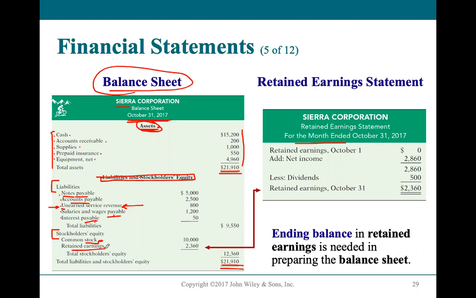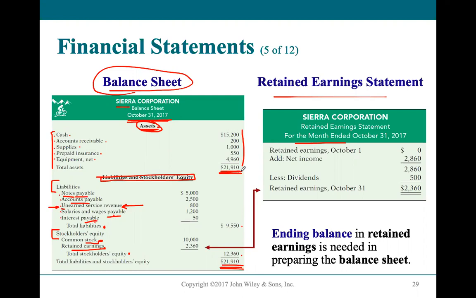And of course, retained earnings comes from our last statement that we looked at, the amount of profit that has been retained that belongs to the owners. So here you have total liabilities and total stockholders' equity listed. And as you see, these two total up to $21,910, just as the total assets are $21,910.